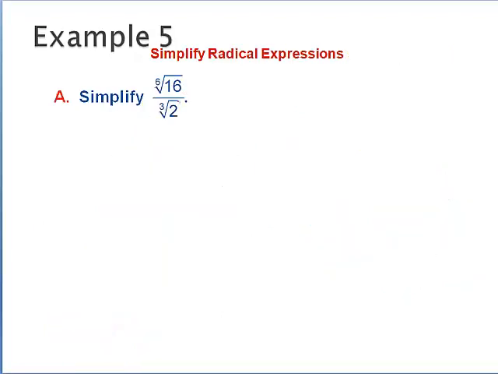So the first thing I'm going to do, because the radicals aren't the same, I'm actually going to change this to rational form to get a different view. I want to get it to the point where I have the same bases, and I can make 16 have a base of 2, because it's the same as 2 to the 4th.